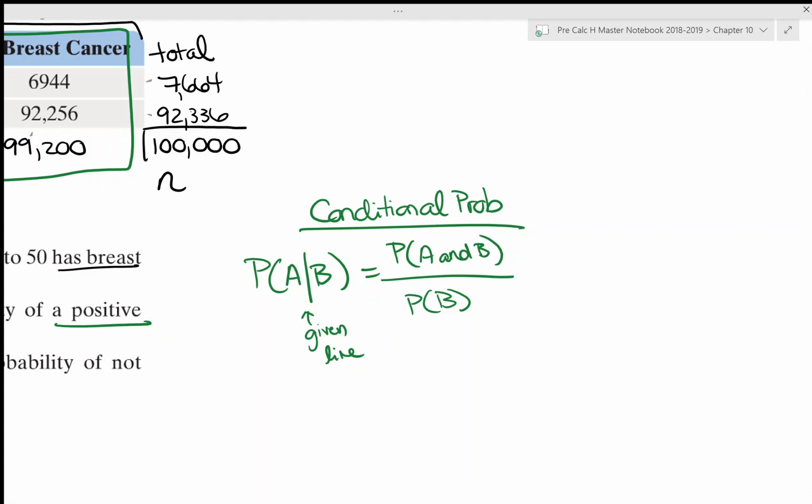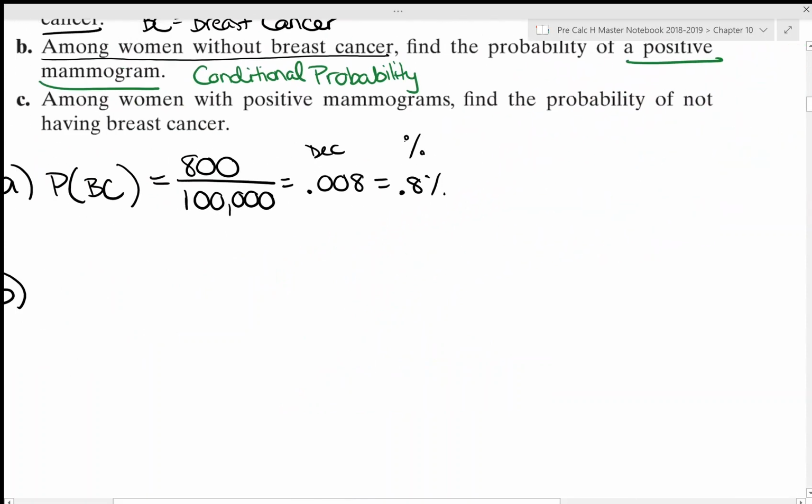Basically, with conditional probability, there's a but in it. Conditions are but. Like, Mom, I want to go to this party. Your mom says, I'll let you go, but you have to clean your room first, right? That condition changes your chances of going to that party. So the condition is going to change the probability. It won't be the same as just the probability of A. Conditions change probability.